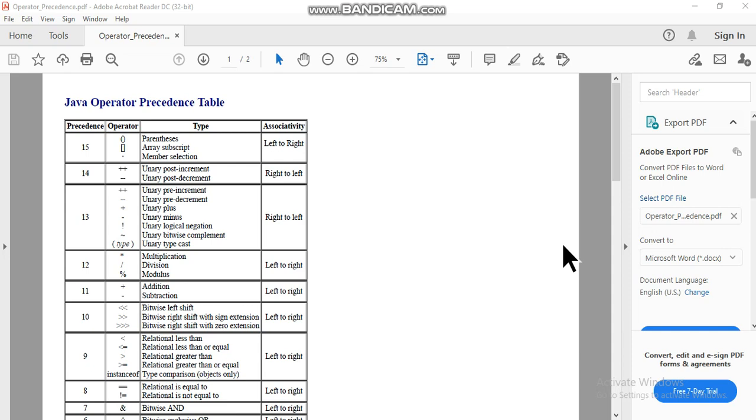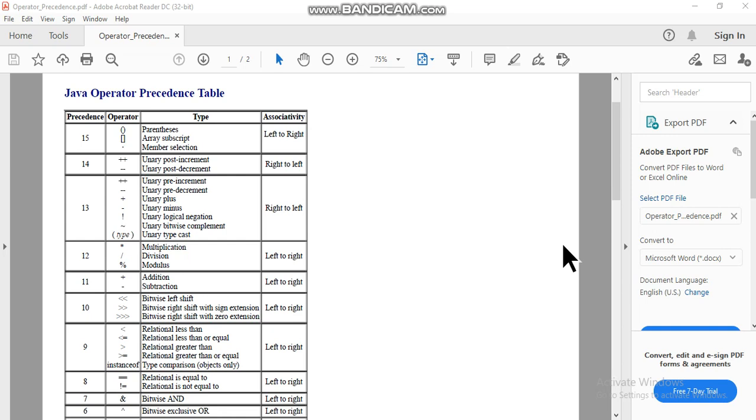It is used for type comparison, to check whether a particular instance belongs to the class. For all these kinds of operations, in summary, the basic mathematical operations, bitwise left shift, right shift, and relational operators, the associativity is from left to right, which is easy to keep in mind.